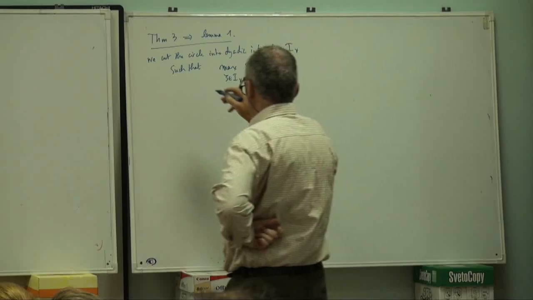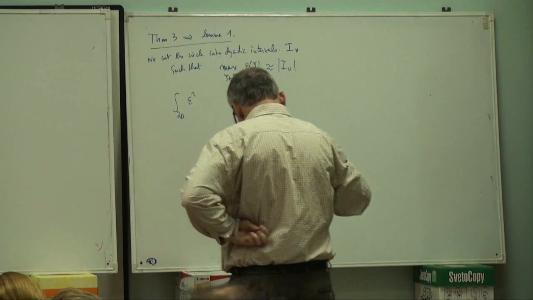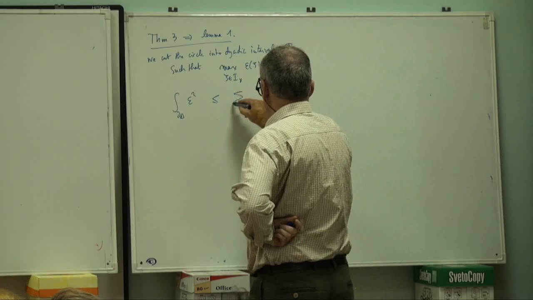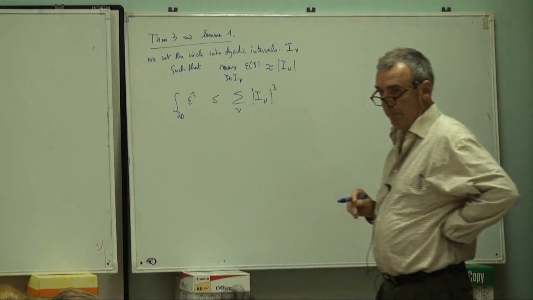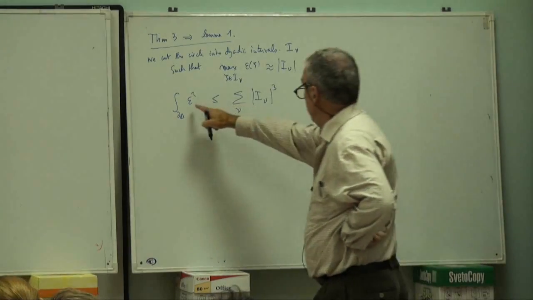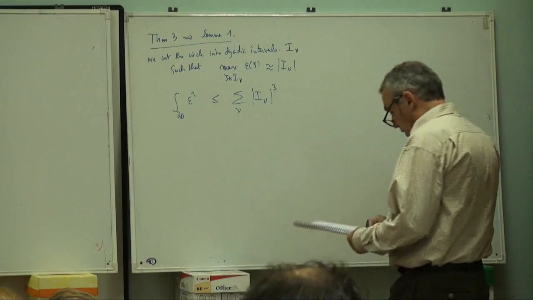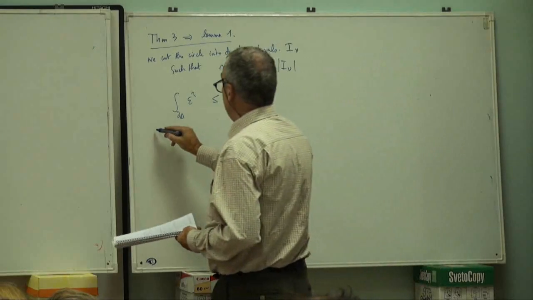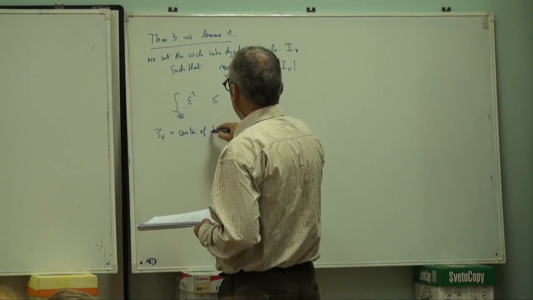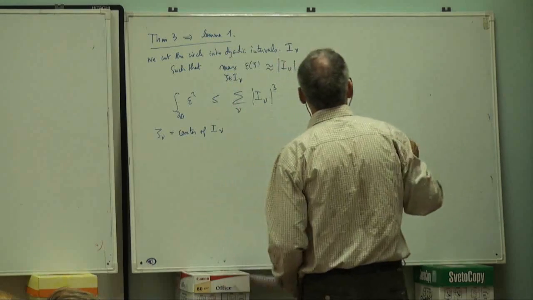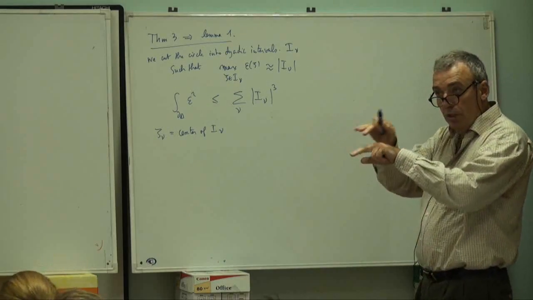And so this implies that the integral over delta d of epsilon square will be less or equal to the sum over nu of I nu cube. Okay, because on each interval epsilon square is I nu, so you have I nu cube coming here. Now let zeta nu be the center of I nu. Let me draw a picture. It will be at a very small scale, so the circle will look like a line.